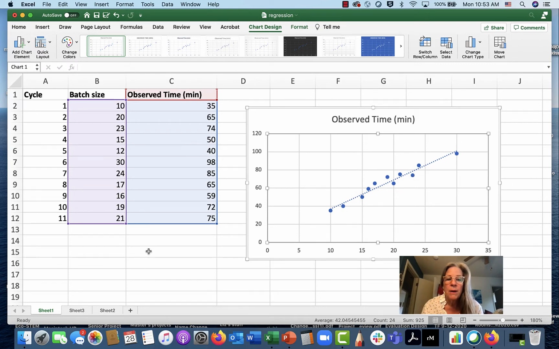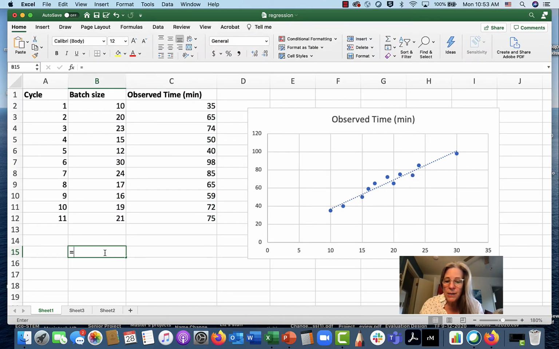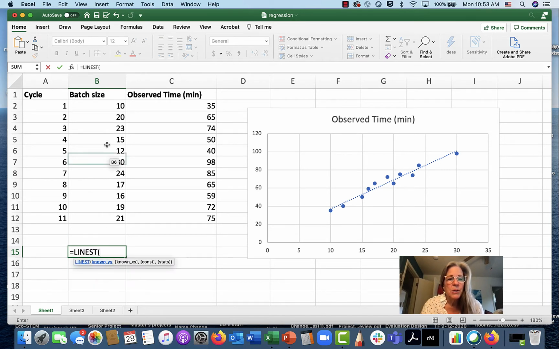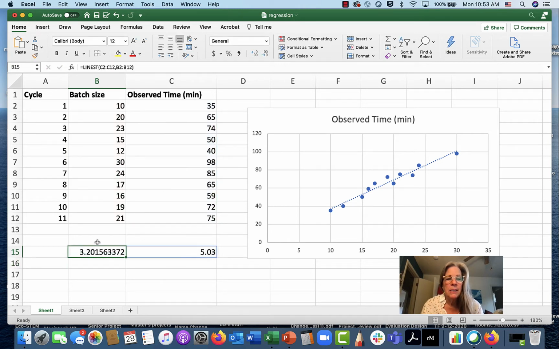I want to know the values of that line. So I'm going to use the LINEST function to give me the coefficients of this. So I have the known y's, which are these, and then I have the known x's, which are these. And so what it's giving me here is the slope value and the intercept.